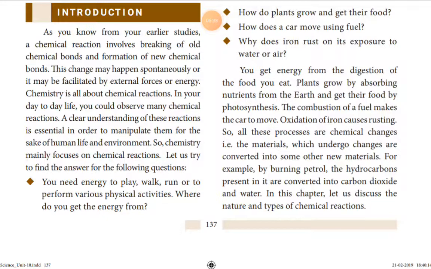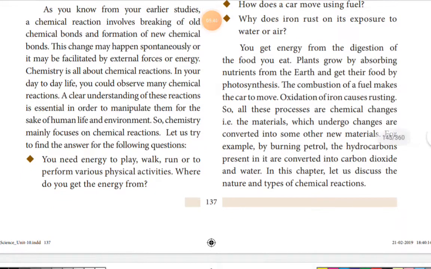A clear understanding of these reactions is essential in order to manipulate them for the sake of human life and environment. So we have to understand how these reactions take place, what the uses of these reactions are, what the reactants are, and what the products are. Chemistry mainly focuses on chemical reactions.